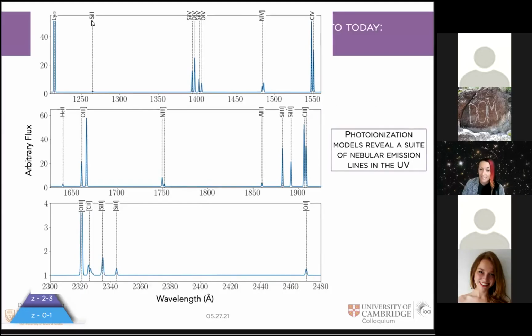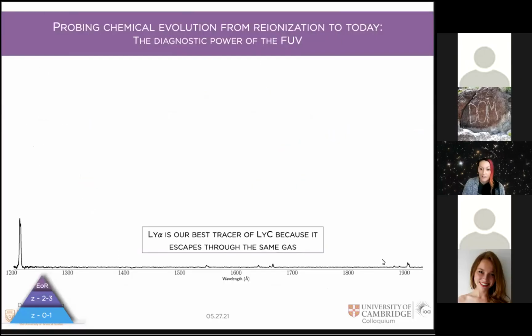So we can get silicon 2 fine structure emission, silicon 4, oxygen 4, sulfur 4, nitrogen 4, carbon 4, our typical helium 2 and oxygen 3, nitrogen 3. There's this whole suite of lines that we could utilize. Now in practice, spectra have been harder to obtain and understand and interpret. But let's talk about what we do know and what's been useful so far before I show you a bunch of observations.